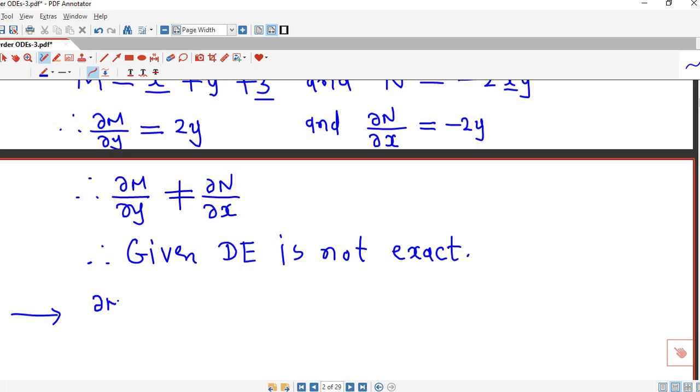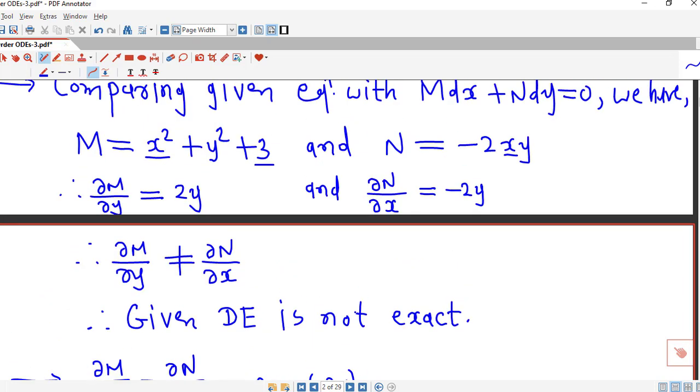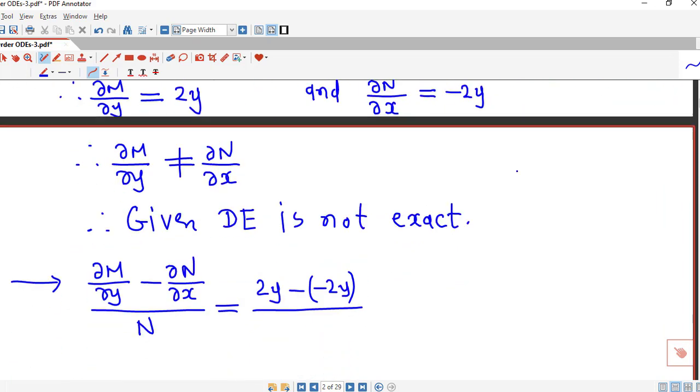We see what we get for this quantity. So we take difference of del M by del y and del N by del x, and we divide this difference by capital N. Del M by del y is 2y, del N by del x is minus 2y, and capital N is minus 2xy.